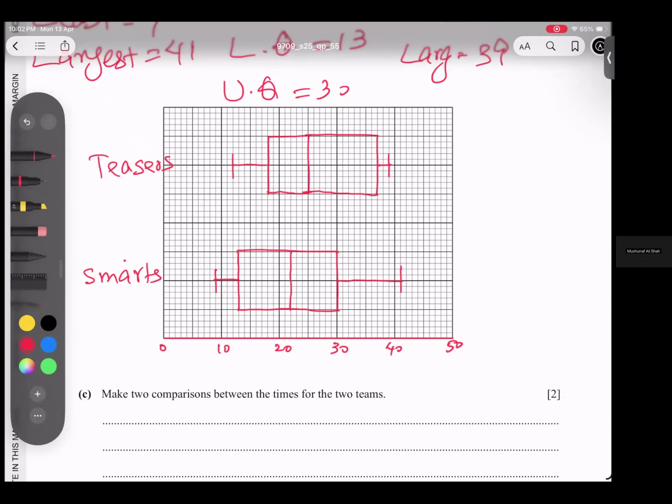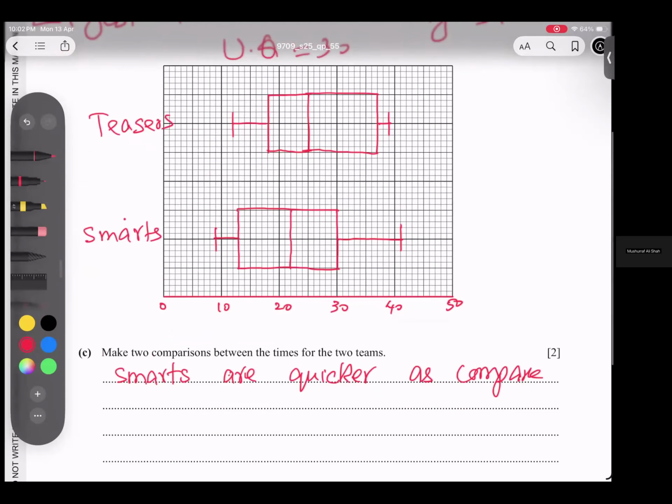So we can say Smarters finish the game in quick time, they are quicker as compared to Teasers.